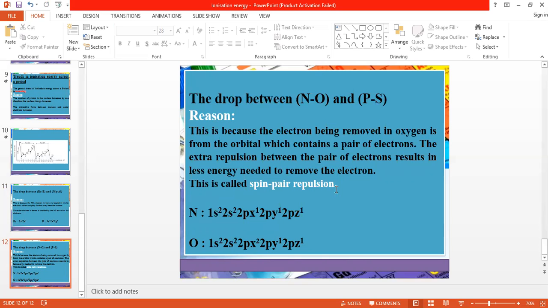Extra repulsion means, I told you, we have shielding effect. So if more shielding effect, what about the ionization energy? Lower. That's why sulfur has less energy compared to phosphorus.